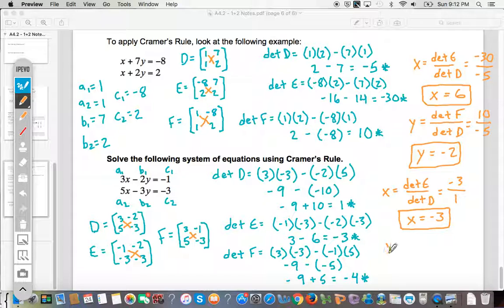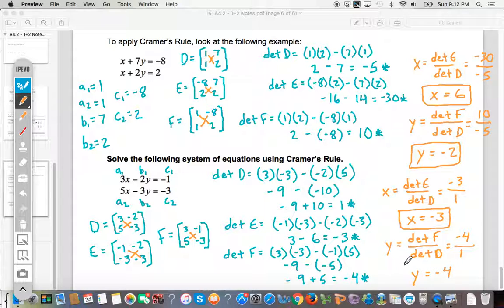Okay, and y equals the determinant of F divided by the determinant of D, which equals negative 4 divided by 1 again.